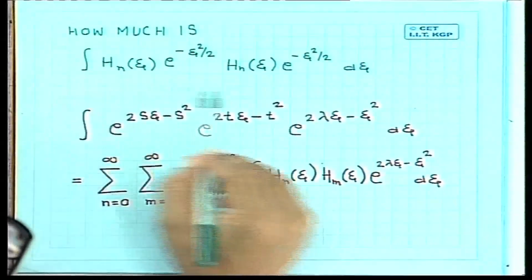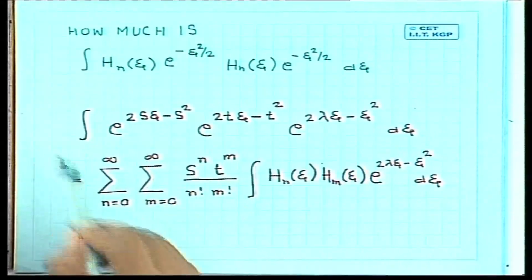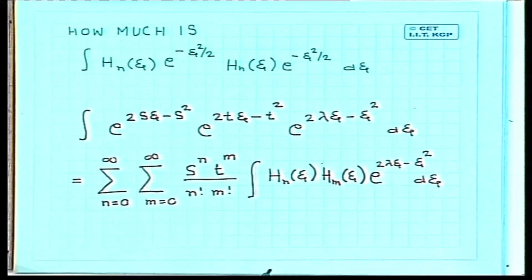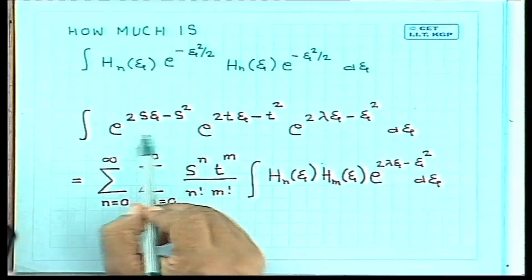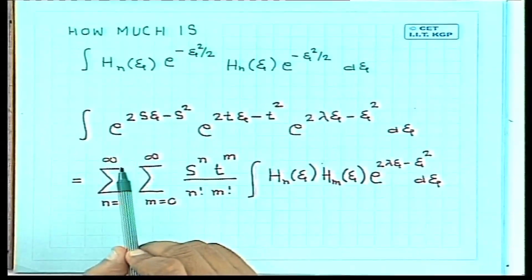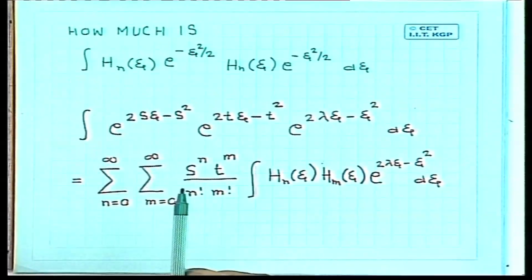We consider this integral over here. Let us look at this integral a little carefully to make some sense out of it. The first term in this integral is the generating function for the Hermite polynomials.